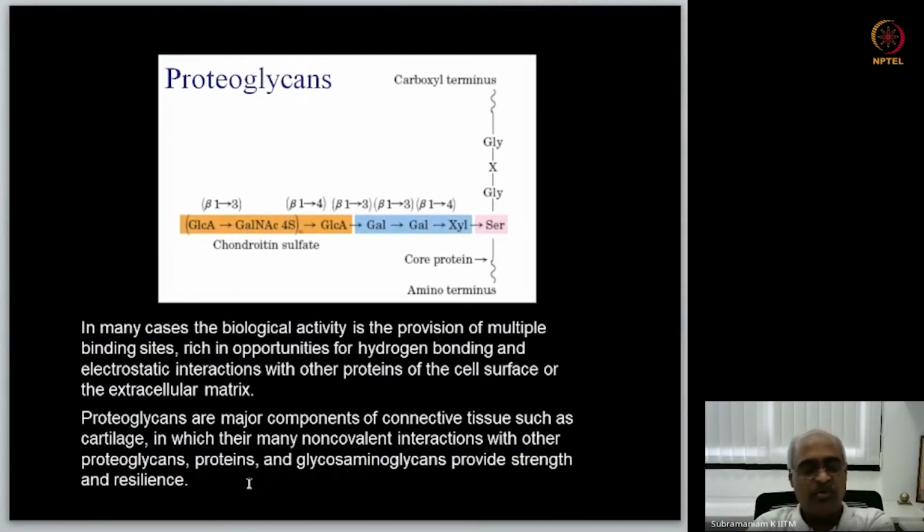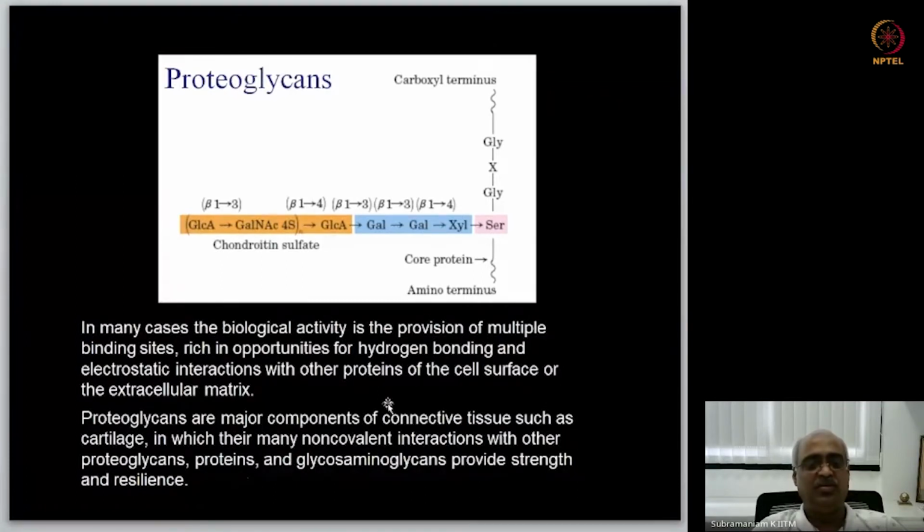There are proteins present in the extracellular matrix, the main one being collagen, and then fibronectin. So these proteins are all interconnected among themselves and to these carbohydrate molecules, which are often anchored into the membrane itself.